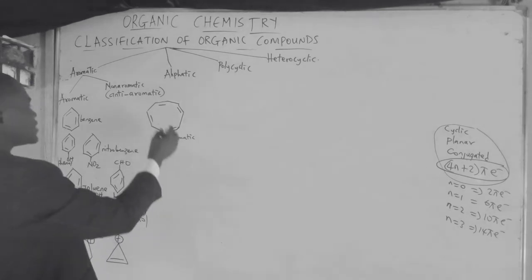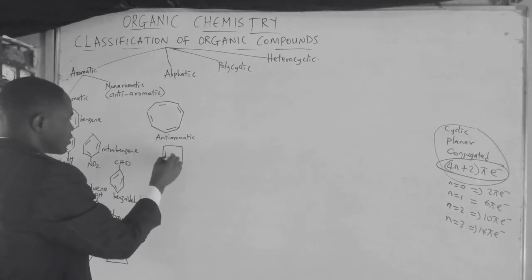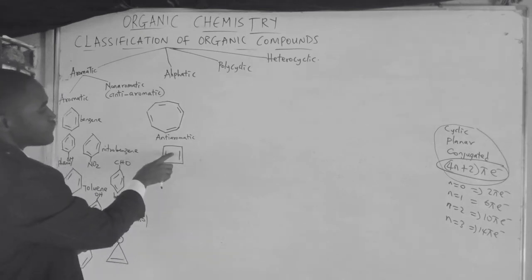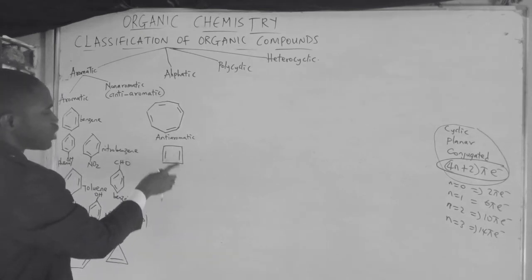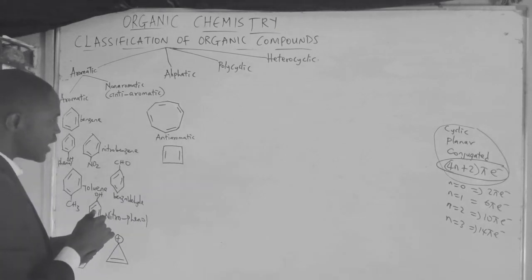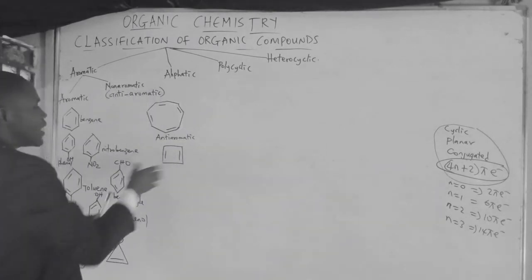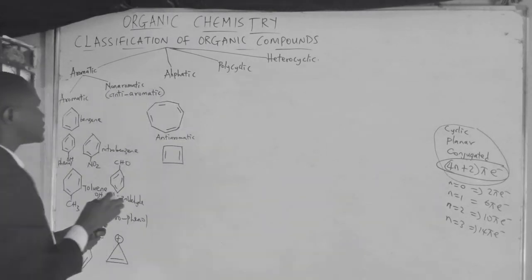Another example of an anti-aromatic compound is cyclobutadiene. This is cyclic, this is planar, this is conjugated, double bond, single bond, double bond, single bond. But the issue here is that it does not obey Huckel's rule. So here, it is also anti-aromatic.